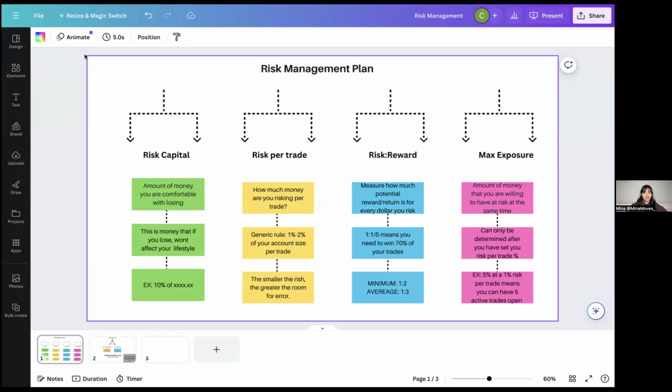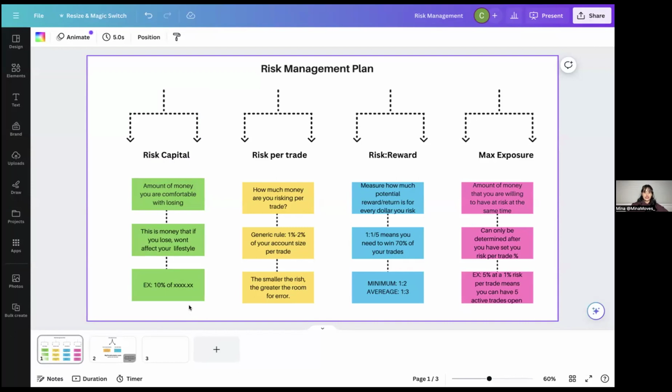Okay, that is pushing it. You do not need to start with a big account in order to understand compounding money. I have seen people take a $250 account to a substantial size just by following a plan. Okay, so that is your risk capital. Go ahead and determine what that's going to be and write it at the bottom.